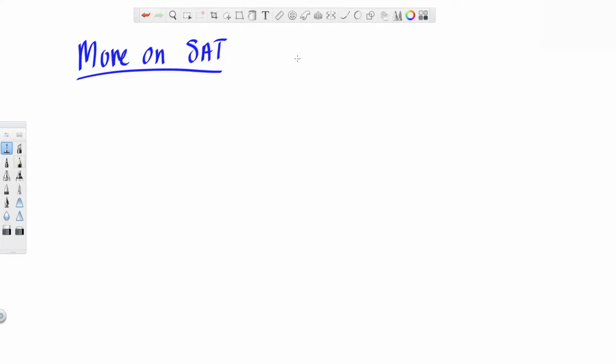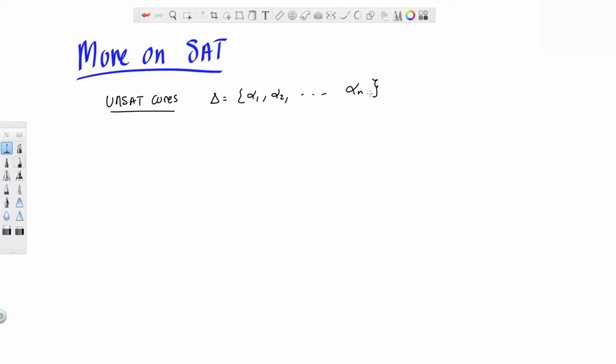We'll start by mentioning the notion of what people call unsat cores. So the idea here is that if you have a knowledge base that is made up of a number of clauses, let's say alpha 1, alpha 2, all the way to alpha n, and it turns out to be unsat. People are sometimes interested in finding a subset of clauses that are sufficient to generate a contradiction.